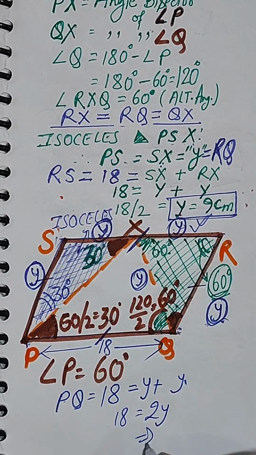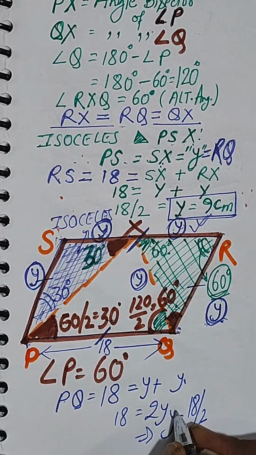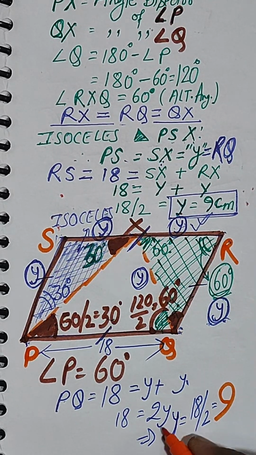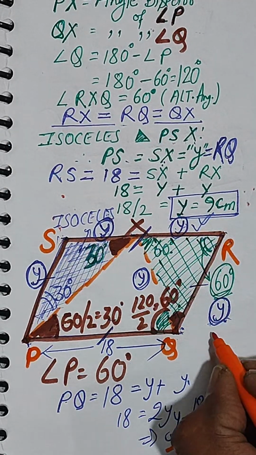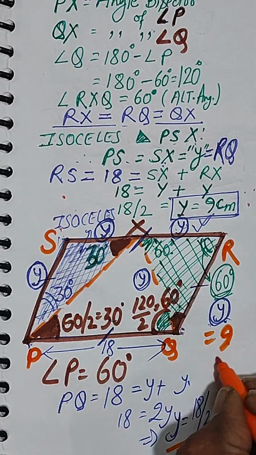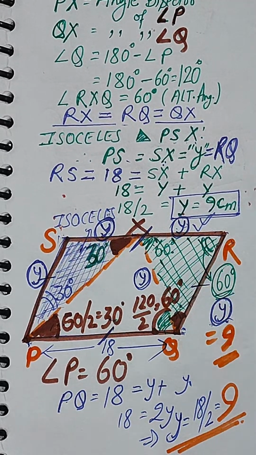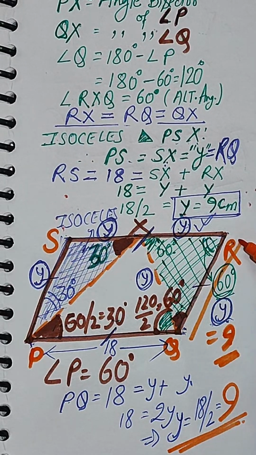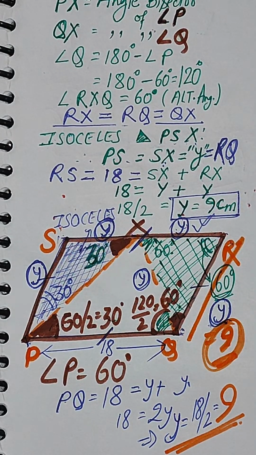That means y is 18 by 2, which is equal to 9, right? So 9 centimeter is the length of this RQ.